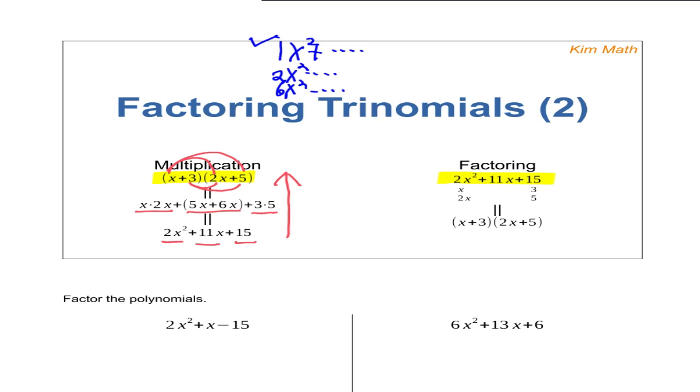Now, we must find two terms whose product is 2x squared. And we must find the two numbers whose product is 15.